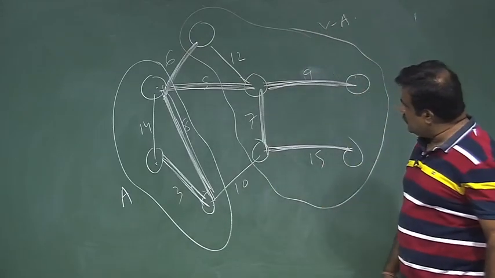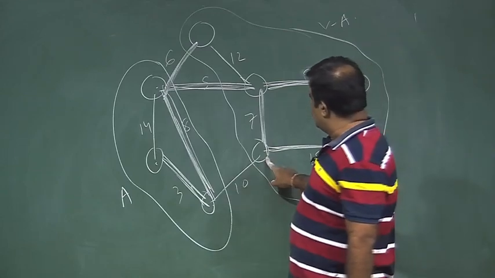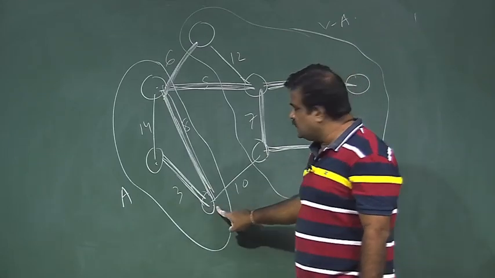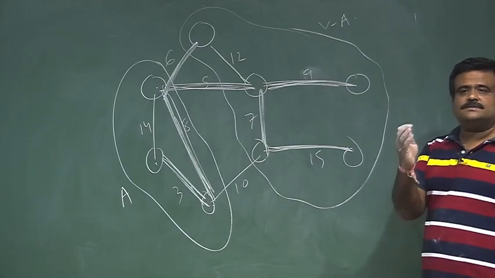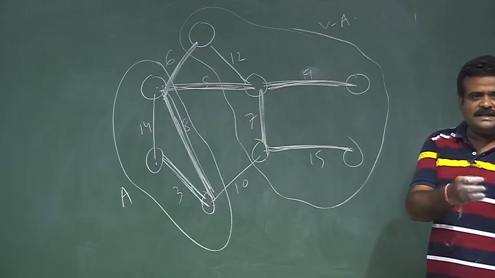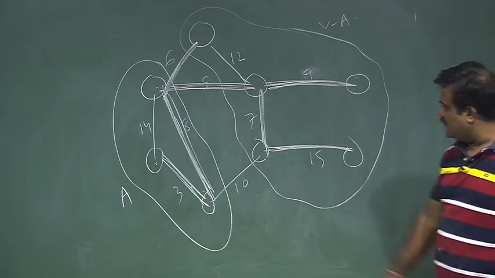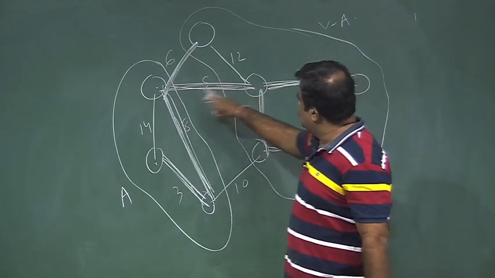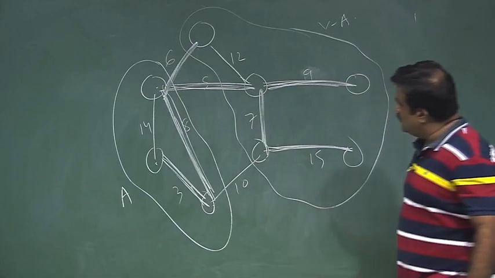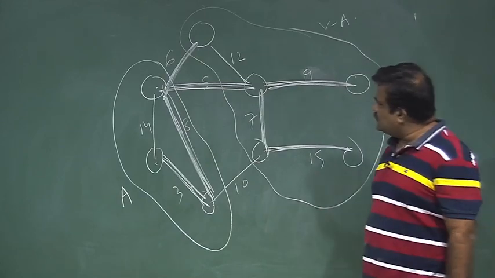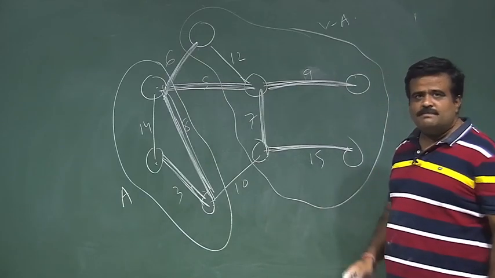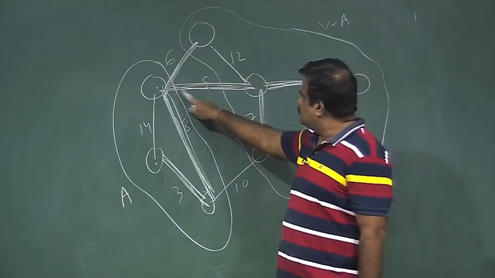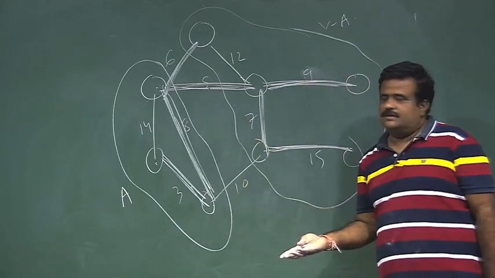We consider all the bridge edges. A bridge edge has one endpoint in A and the other in A complement. So this is a bridge edge, this is a bridge edge, this is a bridge edge. Among these, the theorem says the minimum one, which is 5, is in the minimum spanning tree.